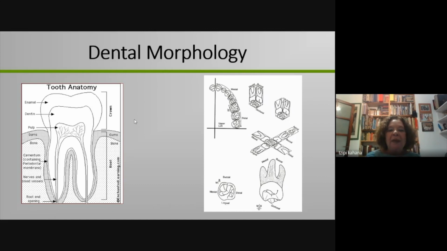If we're looking at the mouth, let's imagine that this cross here, the vertical line, let's call it the nose. With each one of our teeth in the crown, the area that is facing the nose is called mesial.